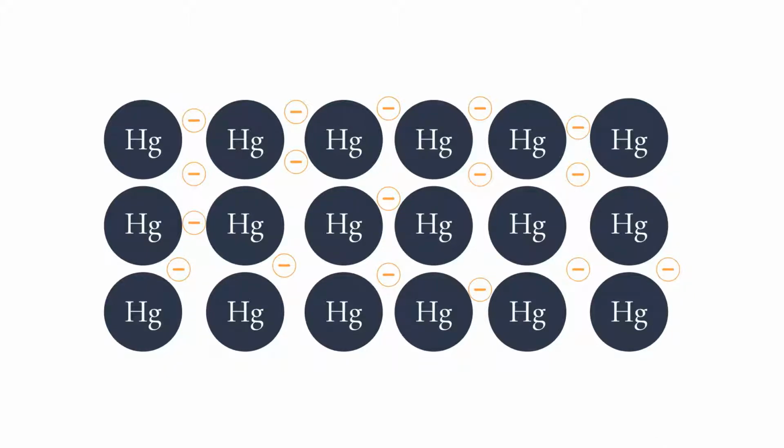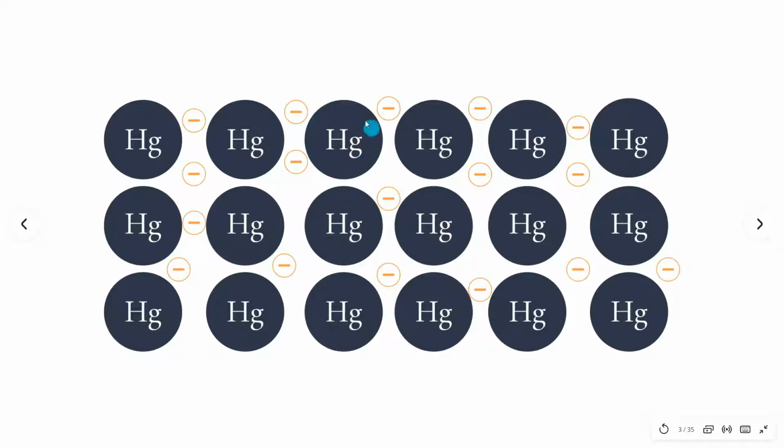So in a metallic solid, the nuclei, or the protons in the nucleus of each atom, is attracted to the delocalized electrons around it. And each delocalized electron is attracted to the nucleus, the protons of the atoms around it.